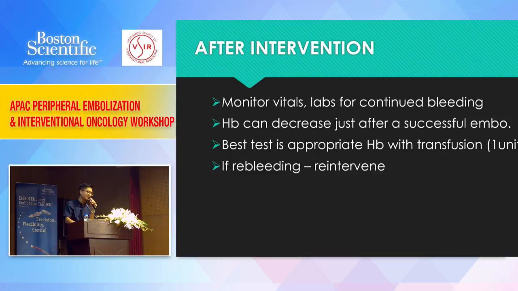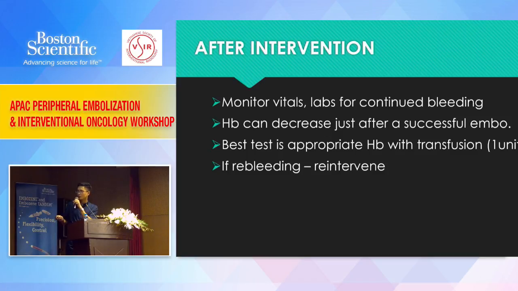After the intervention, a very valuable factor to predict whether the bleeding has stopped or not is hemoglobin. Hemoglobin can decrease a little just after the embolization, even when the procedure is successful, because during the procedure it continues bleeding.